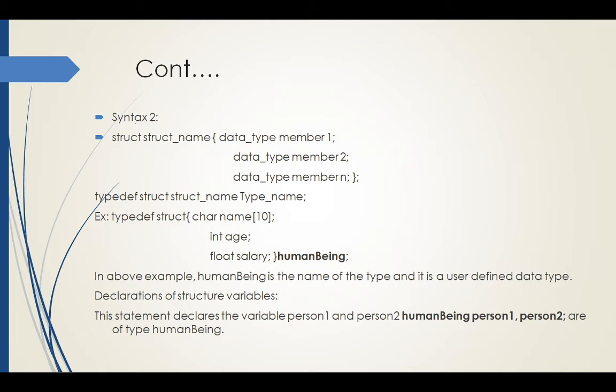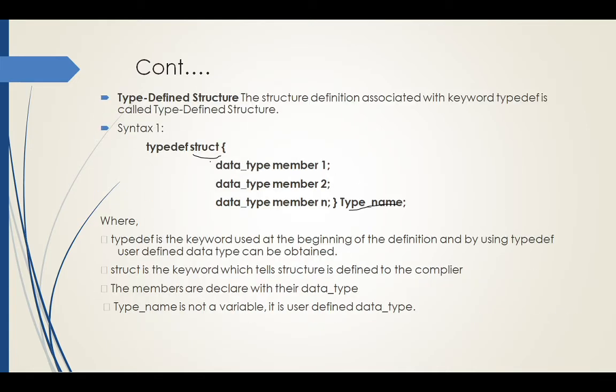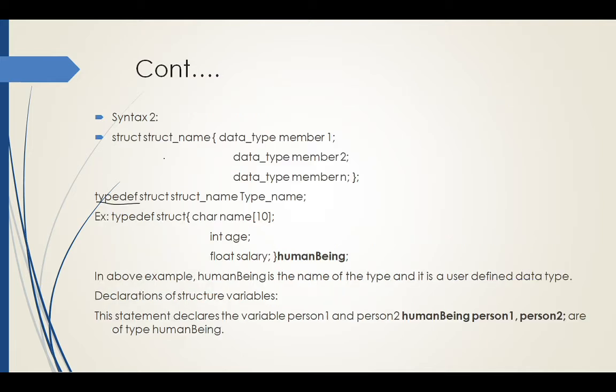So this is an example. Struct name, then data members. So this is a normal declaration. At the end you are going to use a typedef keyword to define the structure variable. So how to use this typedef? This is one syntax, where you use typedef initially, and this is another way to use typedef.